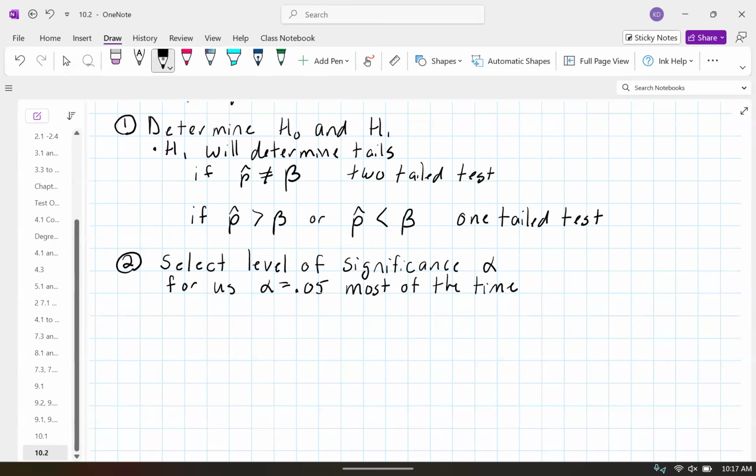Okay, here's where our steps are going to be different depending on approach. So this is the classical approach. Actually, no, step 3 is the same for both.